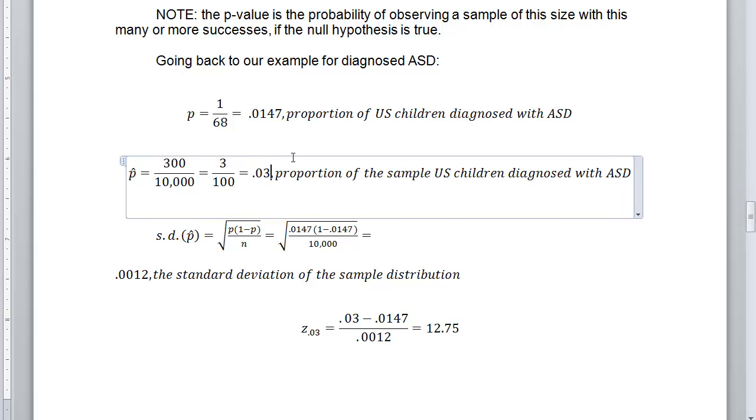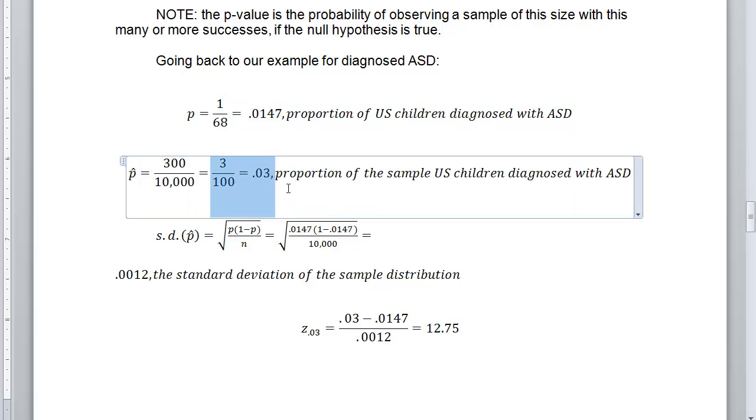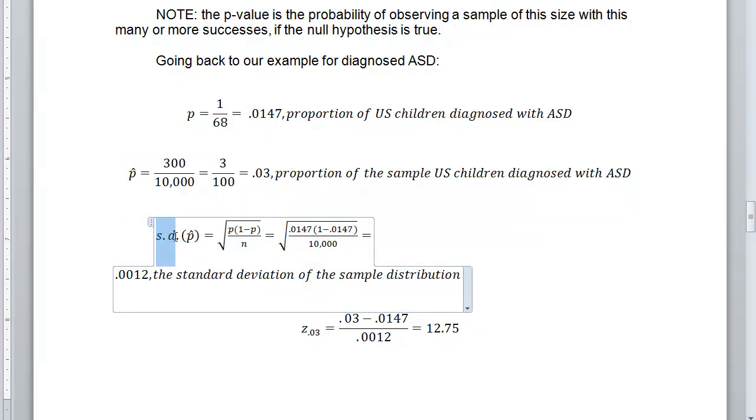And so this is the proportion of the sample, that's why the little hat, of U.S. children diagnosed with ASD. So this is what I believe the population proportion to be, but this is my sample proportion right here.